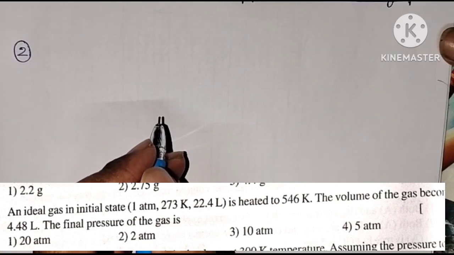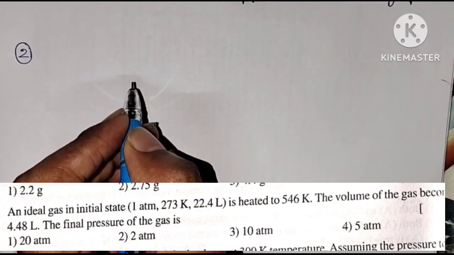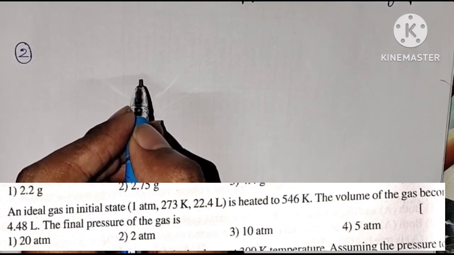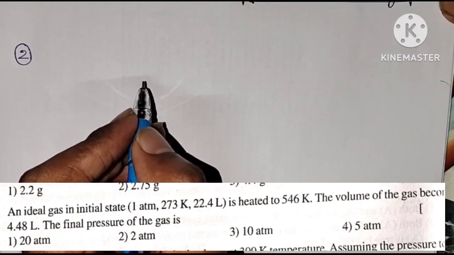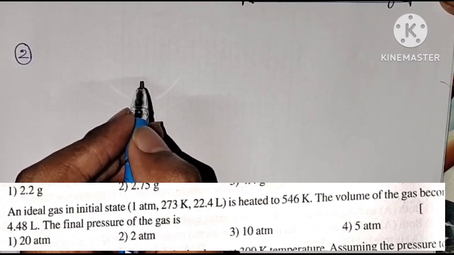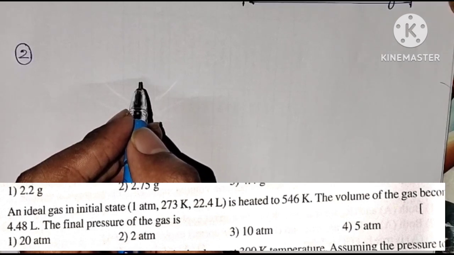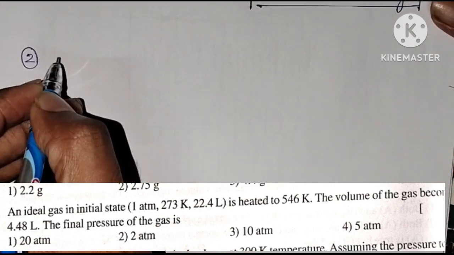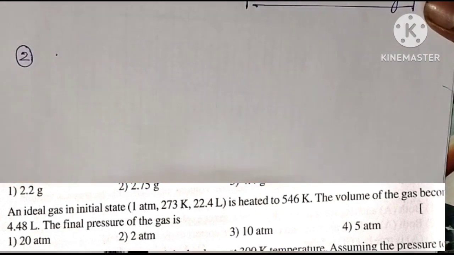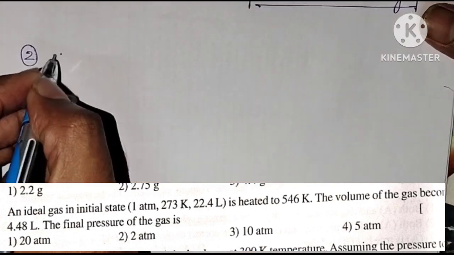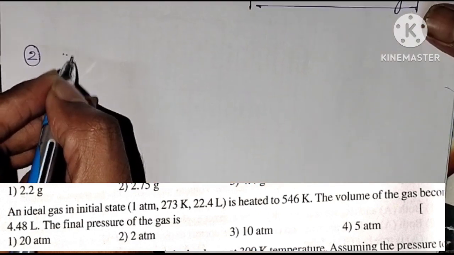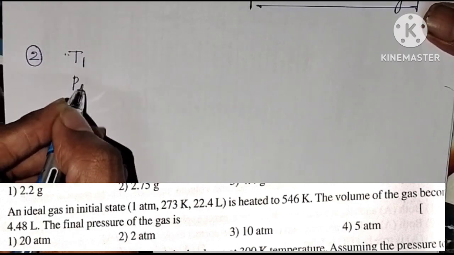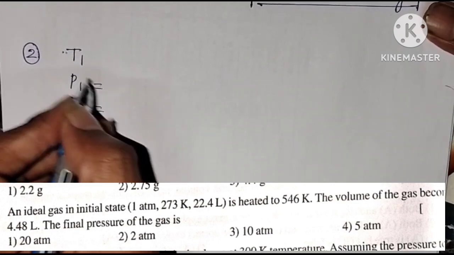An ideal gas in initial state, 1 atmosphere, 273 Kelvin, 22.4 liters, is heated to 546 Kelvin. The volume of gas becomes 4.48 liters. The final pressure of the gas is. So here we have to apply the ideal gas equation concept, and the initial condition of the ideal gas T1, P1, V1.